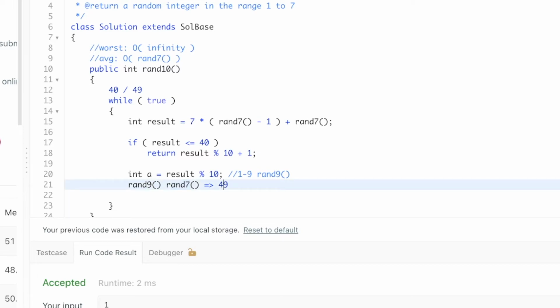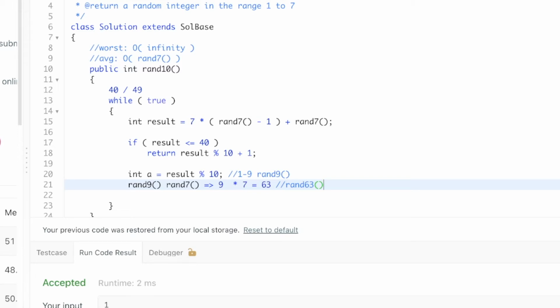Now, how many possibilities do we have here? Well, that's 9 possibilities times 7 possibilities equals 63 possible outcomes of mixing and matching these possible numbers. So I could get 1 to 9 here, 1 to 7 here, and if I were to mix and match all the different possible outcomes, then that just ends up being 9 times 7 equals 63. Which means that we essentially have Rand63 with this logic.